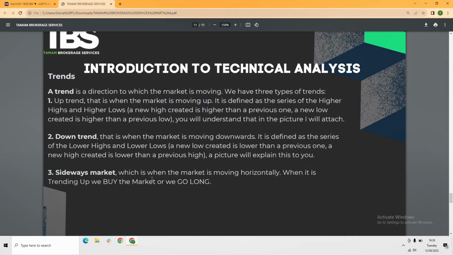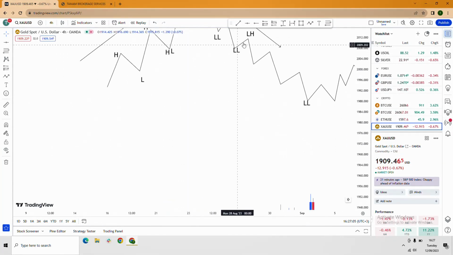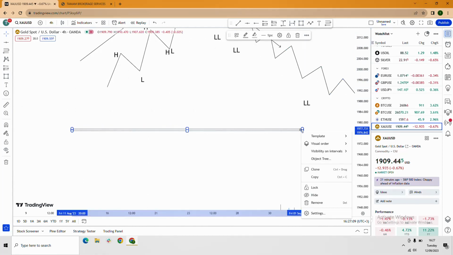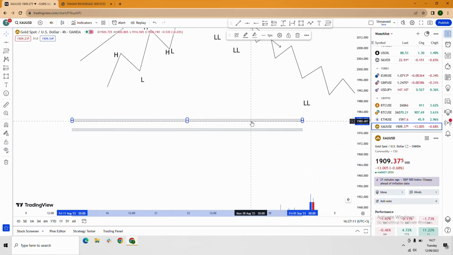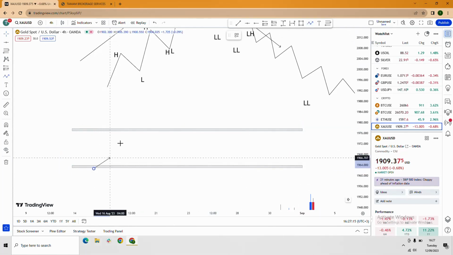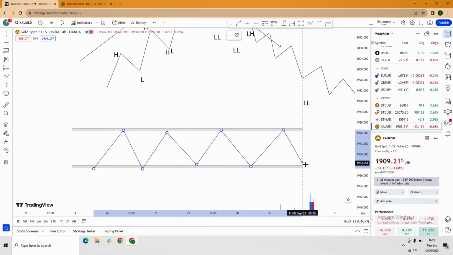Then we have what we call a sideways market, which is when the market is moving horizontally. For the sideways market, we have a market that's behaving in this kind of manner. It's not going up and neither is it going down, but it is not stagnant. It's moving. We have it bounce to the upside, bounce to the downside, and so on.